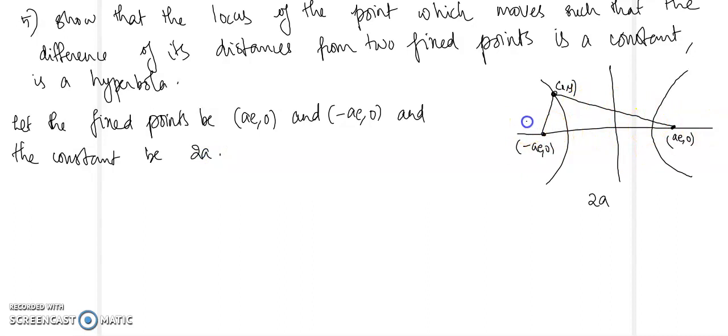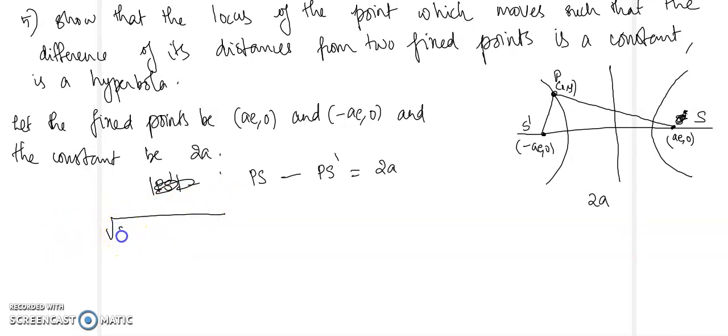Then if this is S dash and S, and if this is the point P, then the distance PS minus PS dash is equal to 2a. So now let us write the distance PS. That will be root of (x minus ae) whole square plus y square, minus root of (x plus ae) whole square plus y square, equal to 2a.